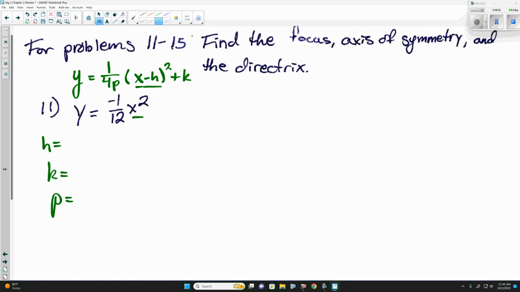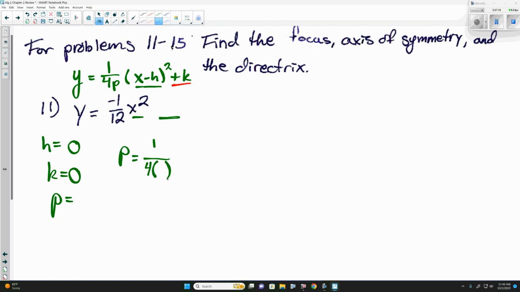Well, we don't have any parentheses for this here, so the value of h is 0. K is added on to the outside. Well, we don't have a number added to the outside, so the value of k is 0. So here the value of h and k are both 0. So the only thing we need to find is the value of p.